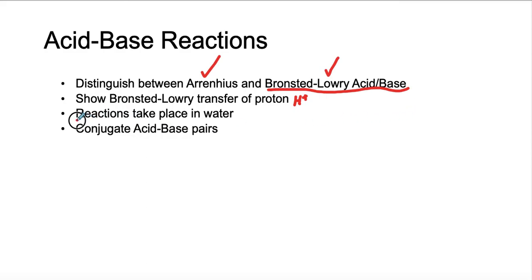Reactions take place in water, and that's very important because water already has OH minus and H plus in it, and so you need to be able to recognize those. And then the conjugate acid-base pairs, being able to identify those. We just did that in the last chapter, and we were nearly done.